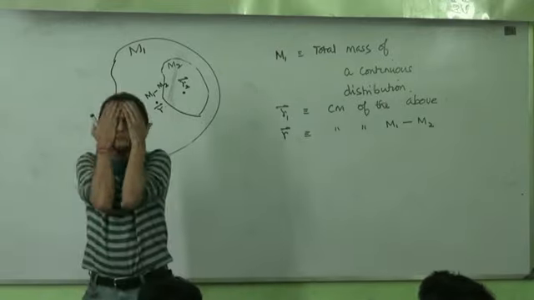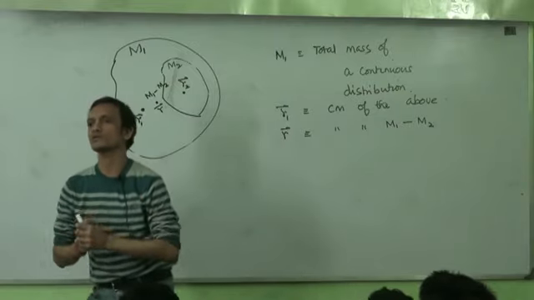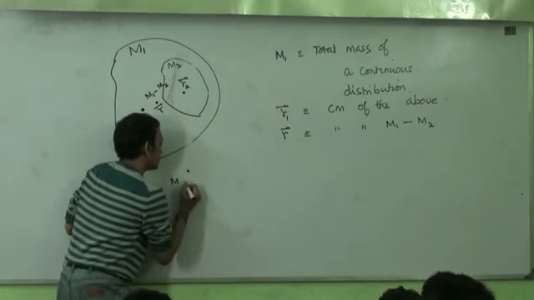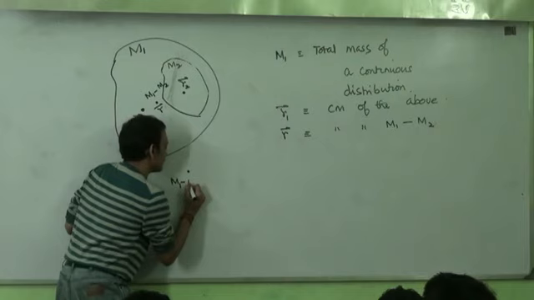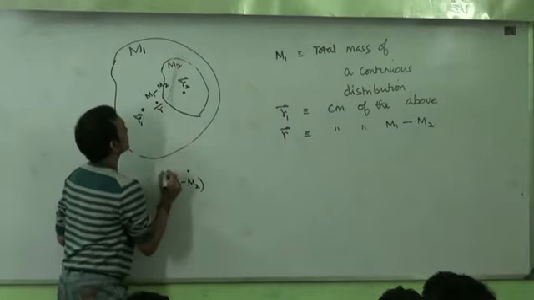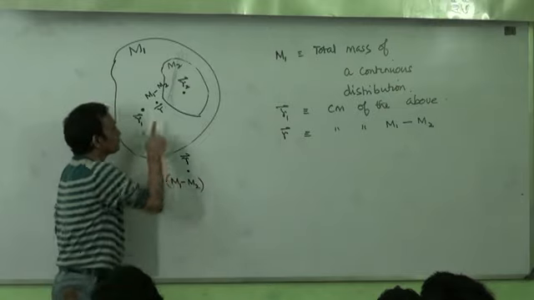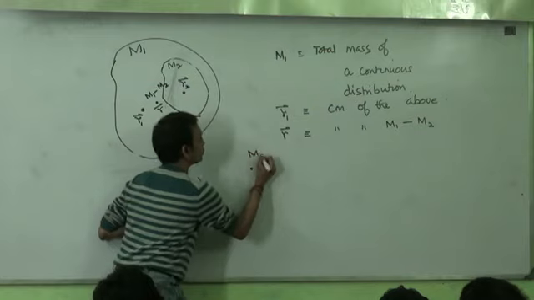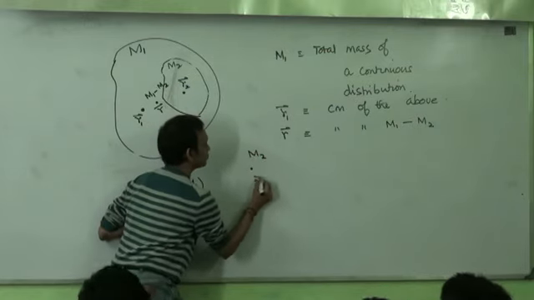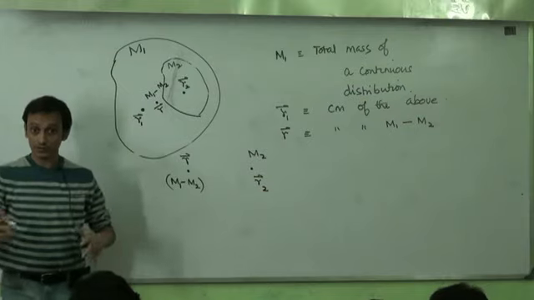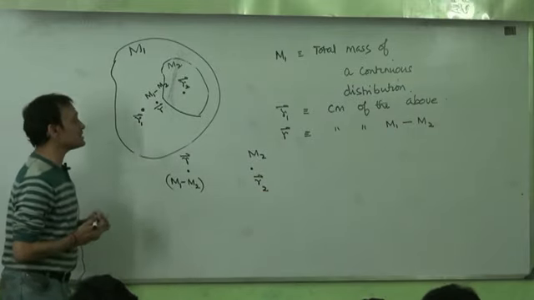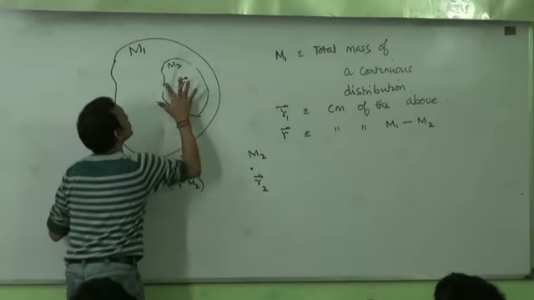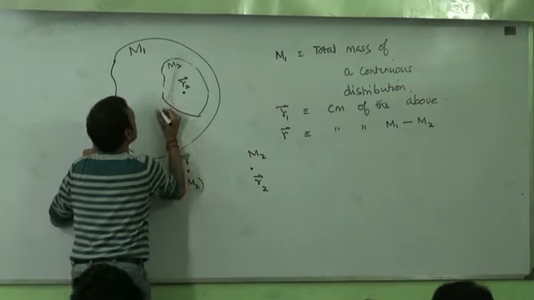Now imagine the following. It's as if I have a mass m1 minus m2 located at R, right? R I want to know, and a mass m2 located at R2. By the way, I'll just rearrange things. It will make sense that way.